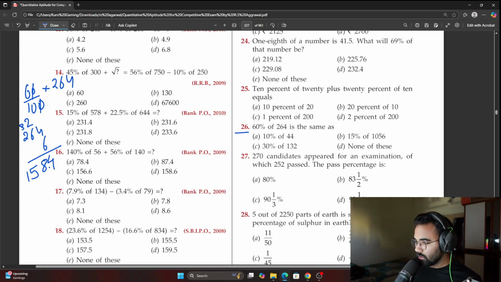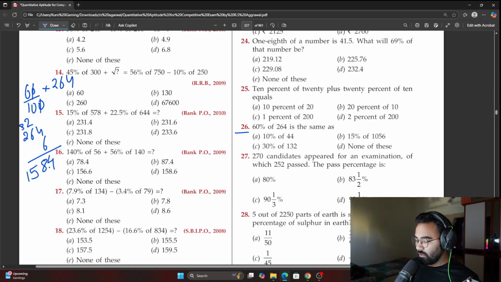Now you have to be a little smart by choosing the options, because in these competitive exams you don't exactly get a lot of time.